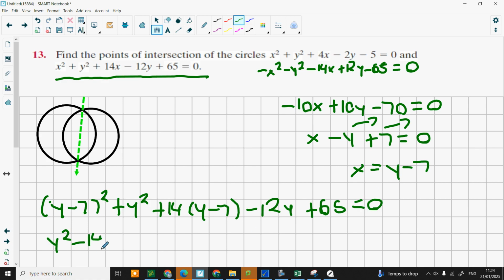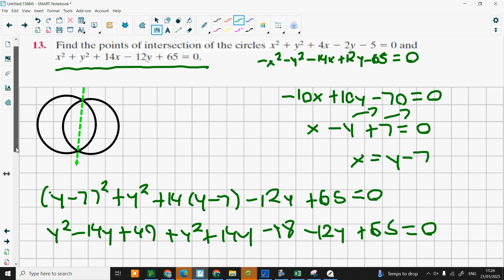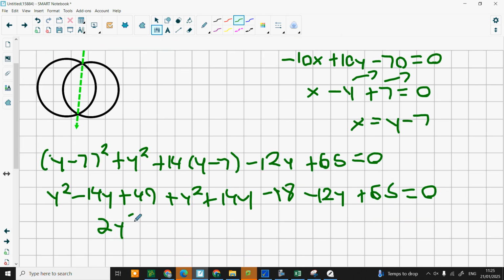Then y squared minus 14y plus 49 plus y squared plus 14y minus 98 minus 12y plus 65. And then 2y squared minus 12y. Can somebody be so kind as to do plus 49 minus 98 plus that? I think it's 16, is it?